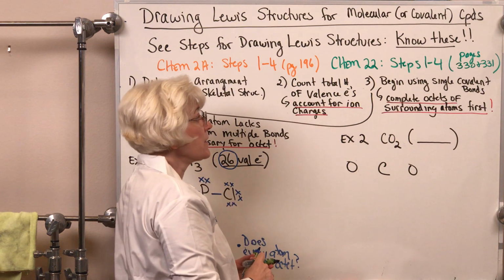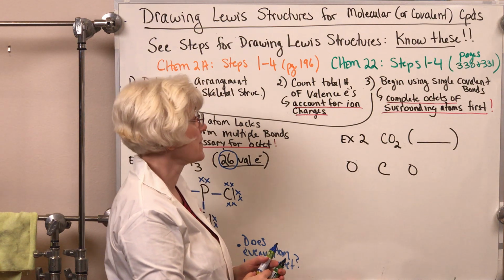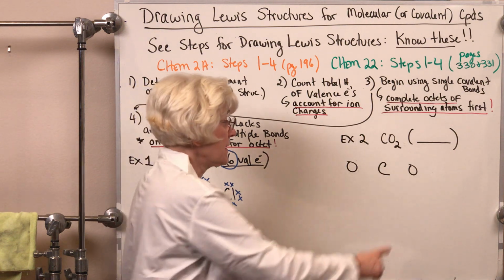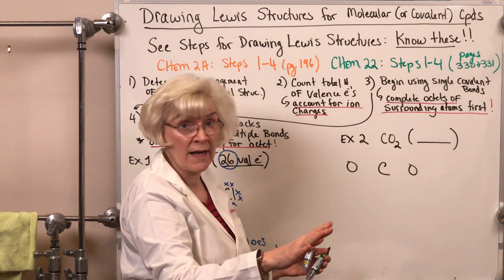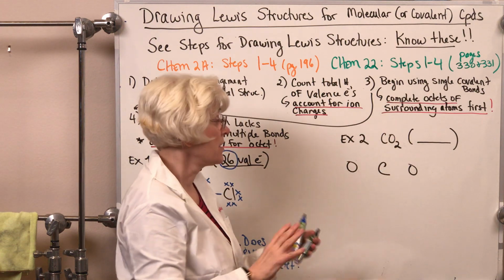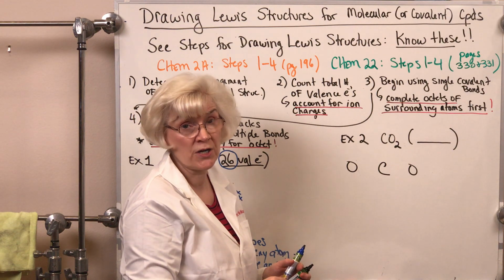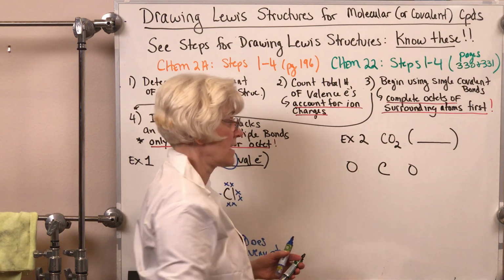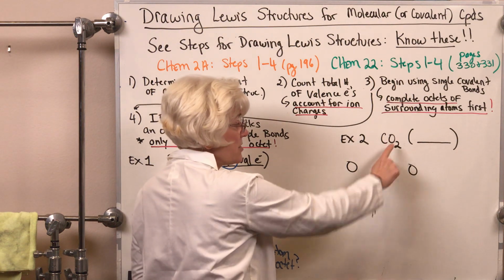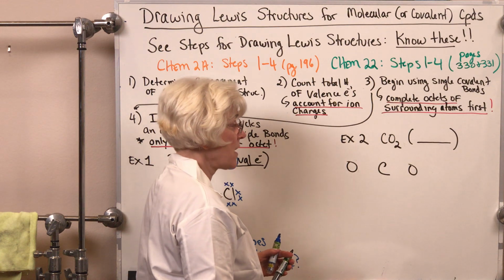So step 2, now we have to count the total number of valence electrons that are present in the molecule. And we see that it is not an ion. There's no charge here. It's a neutral molecule, so we don't have to make any adjustments because of a charge on an ion. The periodic table shows that oxygen is in family 6A, 6 valence electrons.